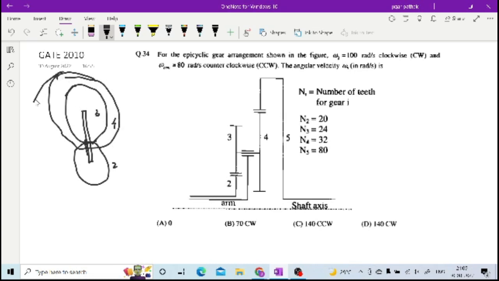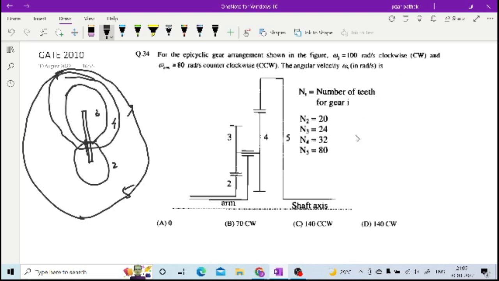Then you have this gear 5, a kind of ring gear, as you had earlier. So this is your gear 5.